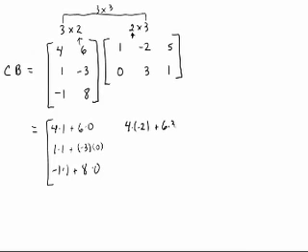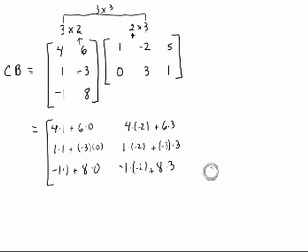plus 6 times 3. Row 2, column 2 is 1 times negative 2 plus negative 3 times 3. Continuing in this fashion, row 3, column 2, negative 1 times negative 2 plus 8 times 3.